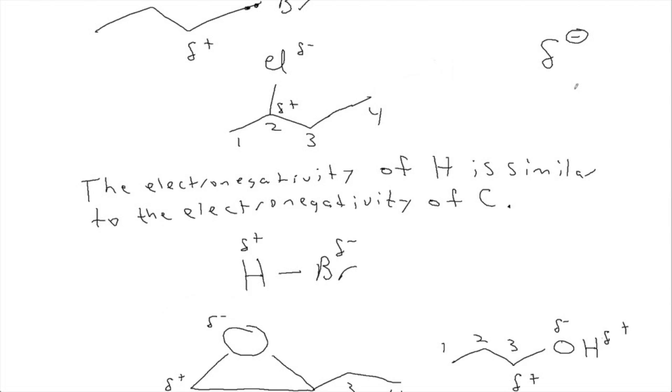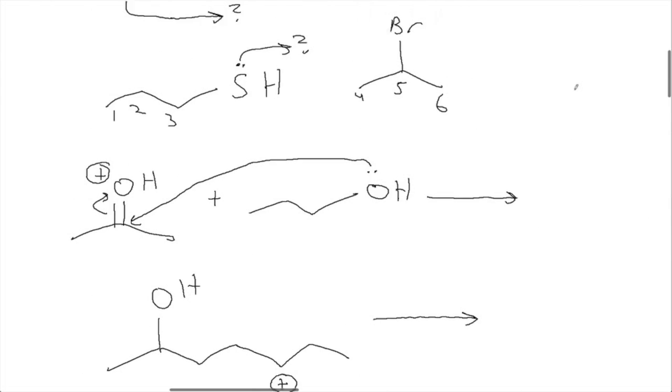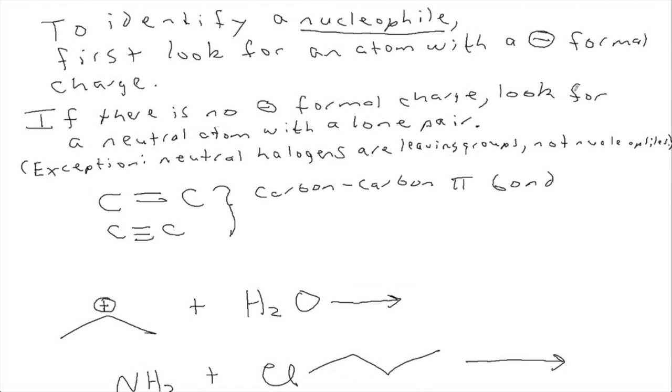Nucleophile. So we can actually add that to our list of things to look for nucleophiles. You can look for a neutral atom with a lone pair or a delta negative. This is actually not very important because generally these go together. Usually if it has a lone pair, it'll also have a delta negative.